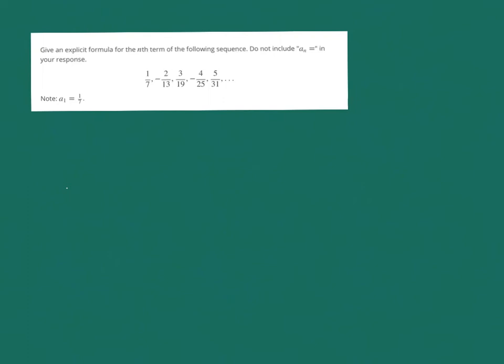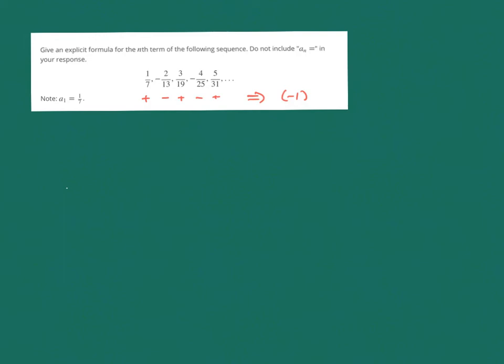Again, in this one, we have the alternating patterns in the signs. Positive first element, negative second element, positive third element, negative fourth element, positive fifth element, and so on. That tells us I have some kind of minus 1 to some power, but do I want my first element to be positive or negative?